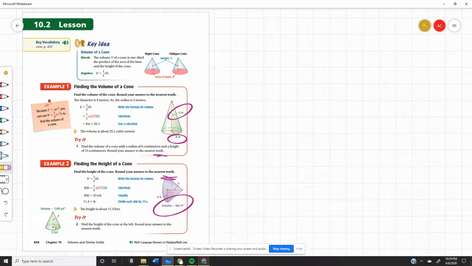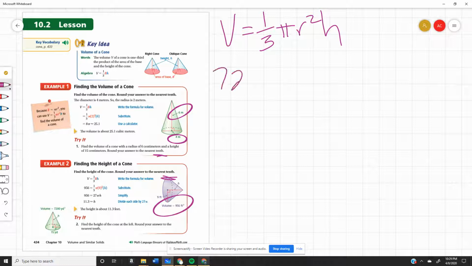All right, let's see. Again, I'm gonna write formula volume equals 1/3 pi r squared h. They said find the height of the cone to the left, round your answer to the nearest tenth. So the same thing, it's the exact same thing. We have 7,200 for our volume, 1/3 pi.